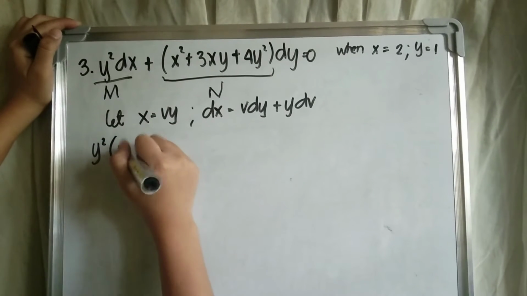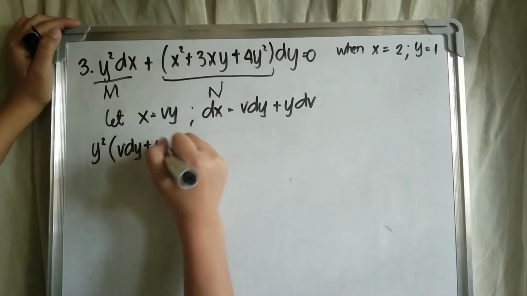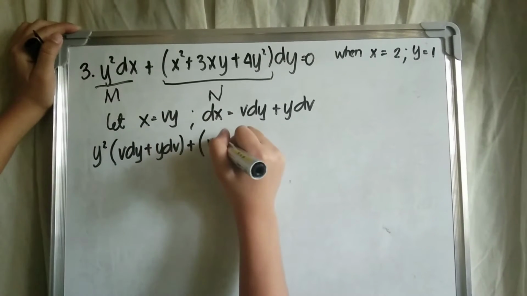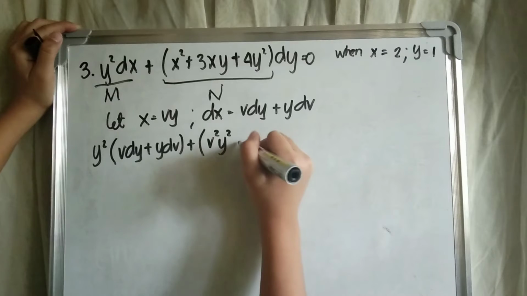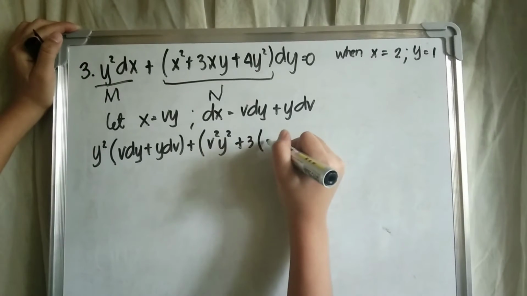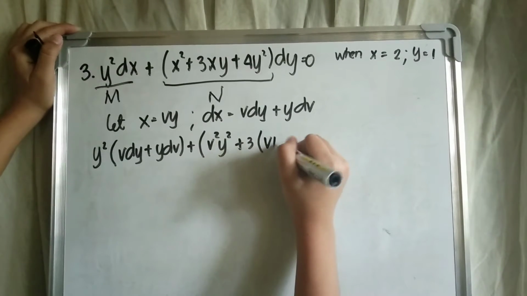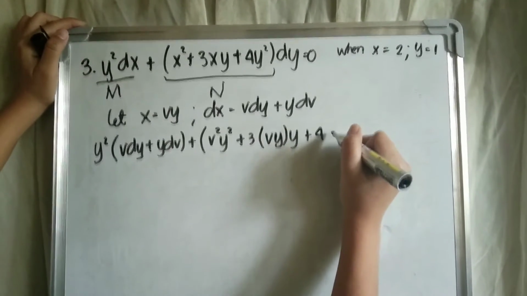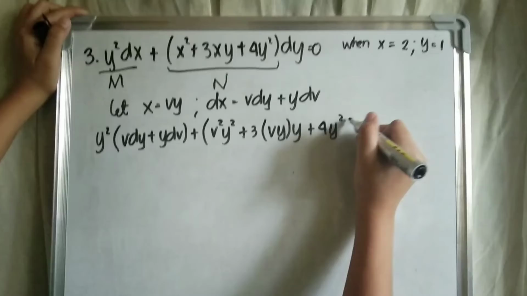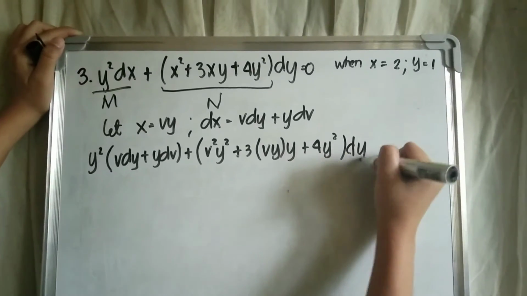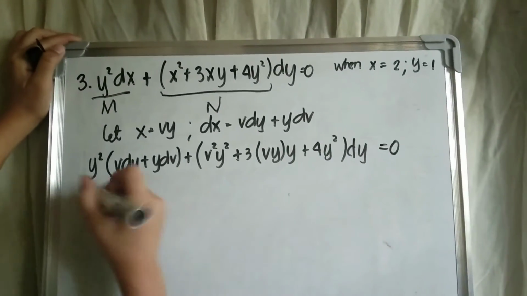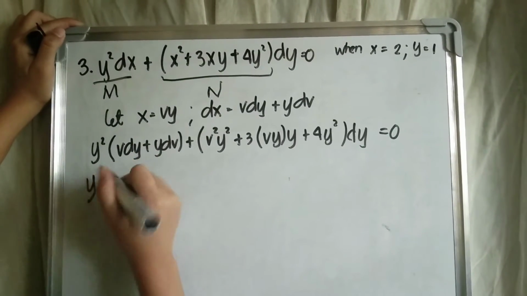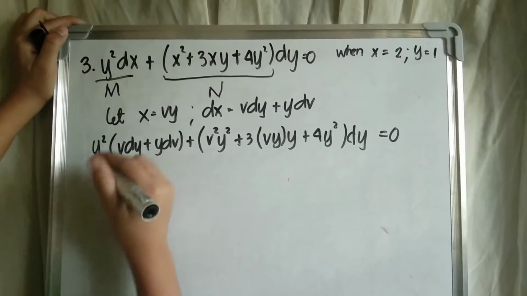Our dx is v dy plus y dv, plus v squared y squared plus 3 of v y times y plus 4 y squared, dy equals 0. So we will substitute this y squared to our inner term, which is y squared times v dy.